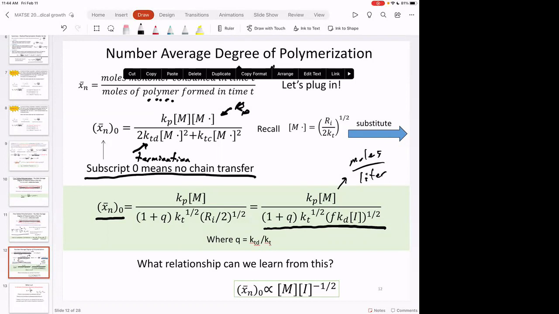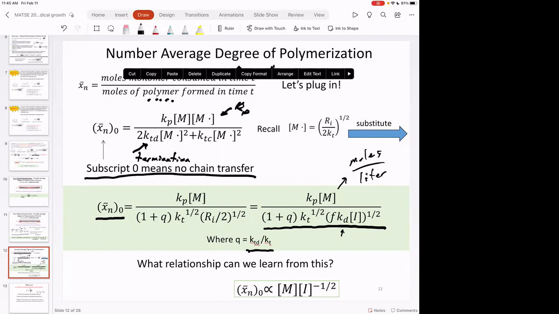We can figure out what Q is based on the definition of Q. And we need to know something about the efficiency of the initiator and the decomposition rate constant of the initiator, and we need to figure out the initiator concentration. But these are all things that we can figure out if we have enough information in the problem.